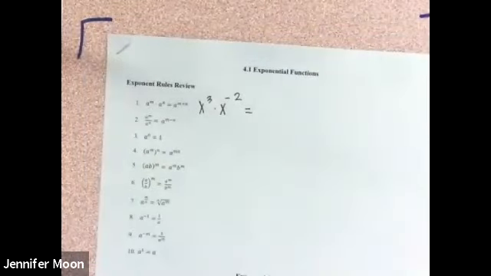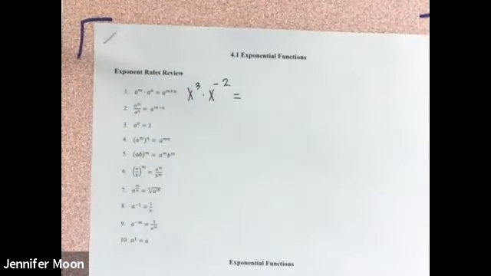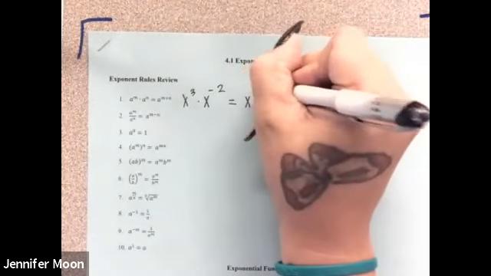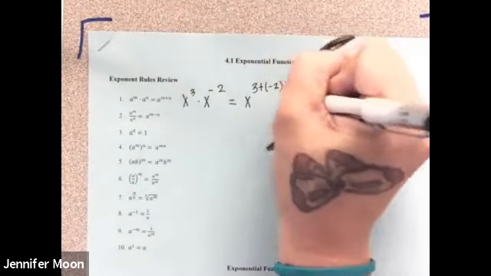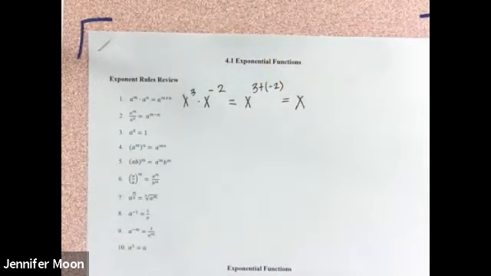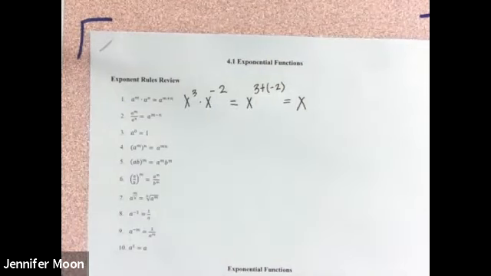You would look and you would see that those are the same variables, right? When you multiply variables, the rule says keep and add. Keep the variable, add the exponents. If you add these exponents, you get 3 plus negative 2, right? So 3 and a negative 2, the signs are different. You would subtract, you get 1. Keep the sign of the larger. It's just x to the first power, but it's just x, right?